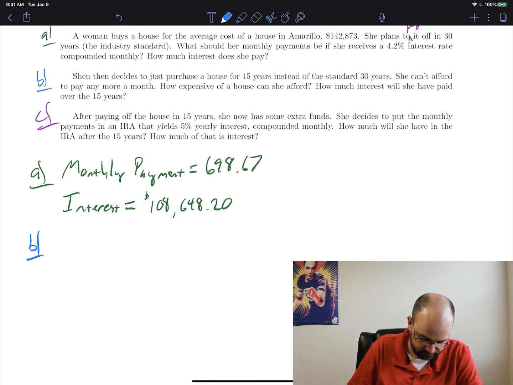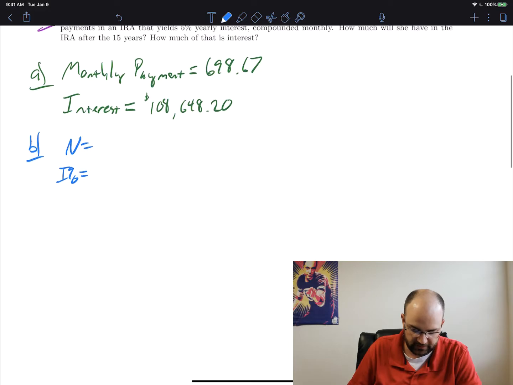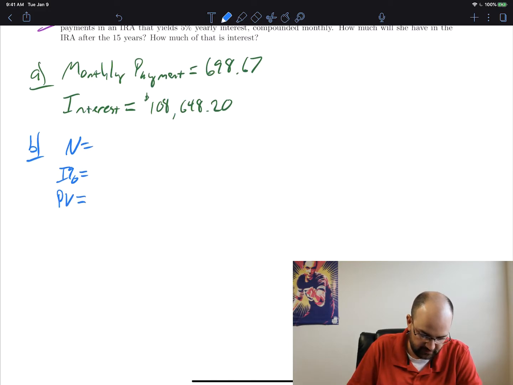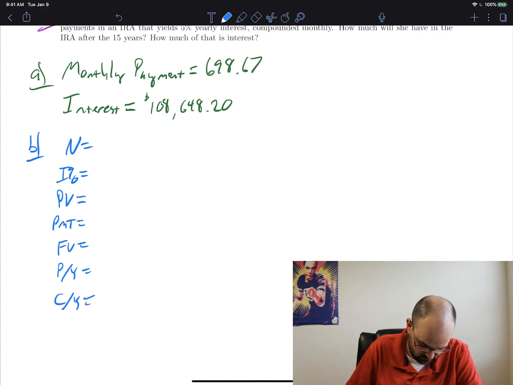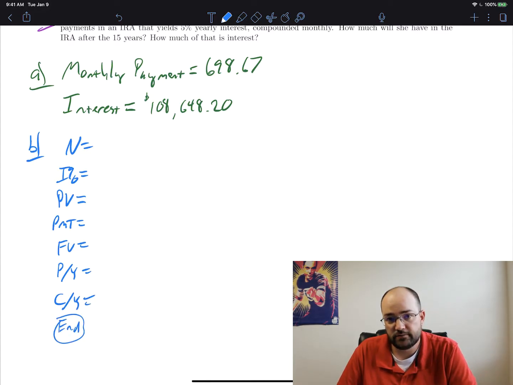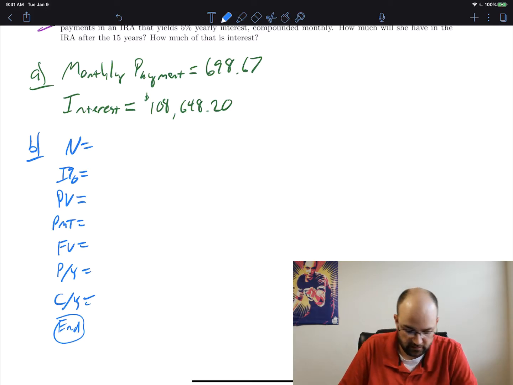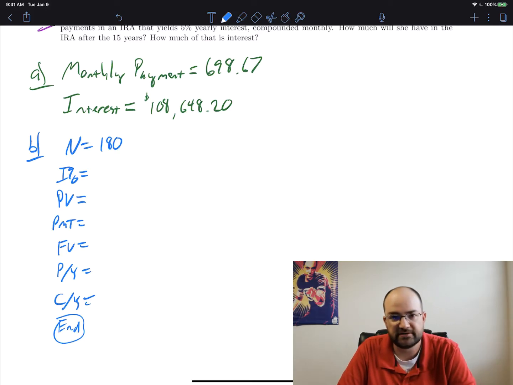Okay, so this one, we don't know the value of the house. That's what we need to figure out. So we need to use the TVM solver. Now the total number of payments, monthly payments for 15 years is 180 payments.